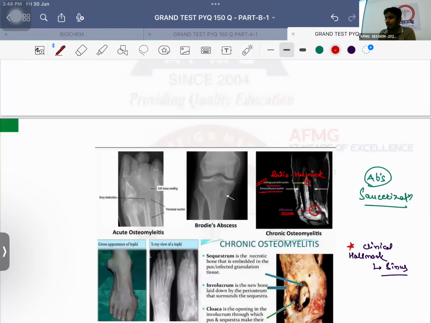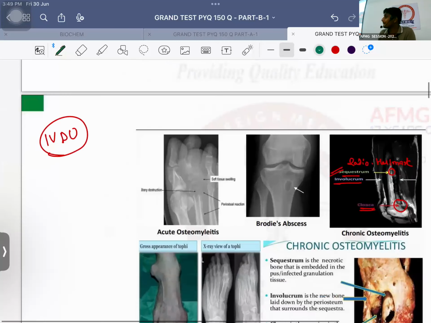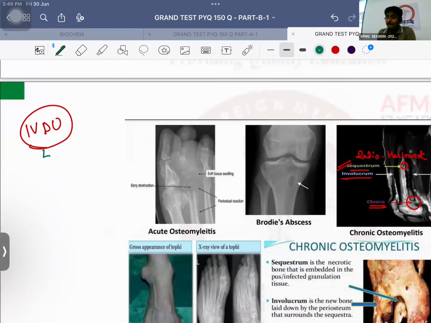What is the most common cause of acute osteomyelitis? Anybody? Staph aureus. What is the most common cause of acute osteomyelitis in a patient who is an IV drug abuser? IV drug abusers. Staph aureus. ठीक है? Overall also staph aureus. IV drug abusers also staph aureus. Important.